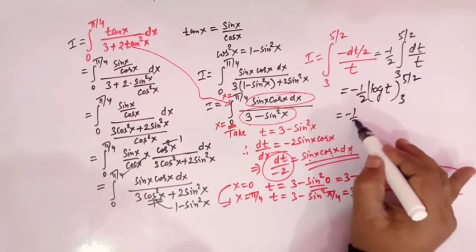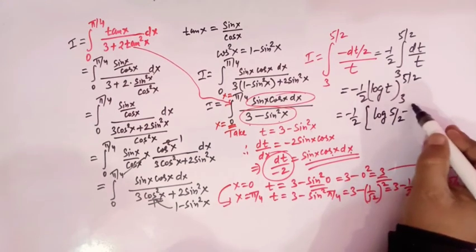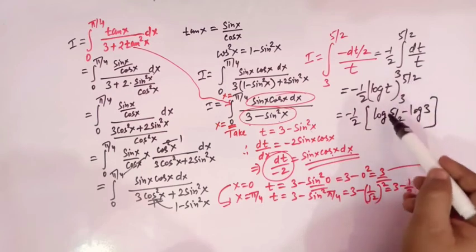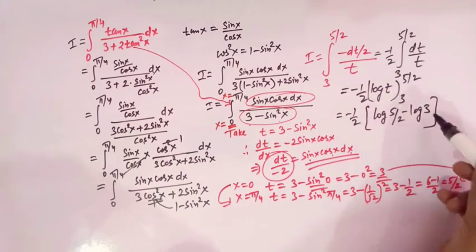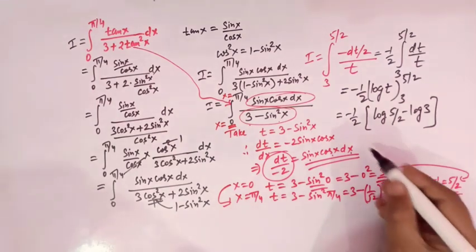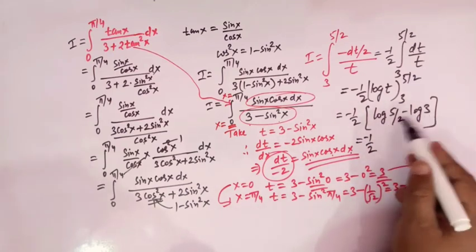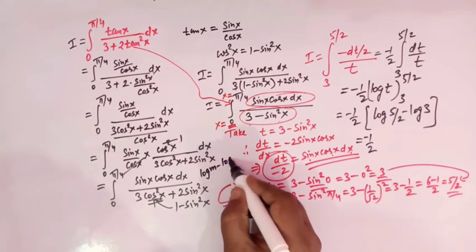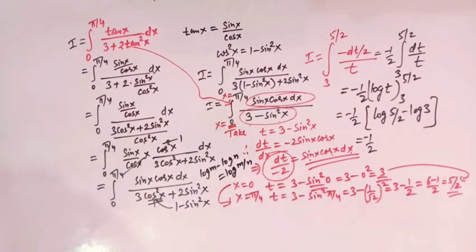Now we can substitute the limits and we will take the difference, right? So first we'll take 5 by 2, and then we'll take 3. So we have log 5 over 2 minus log 3, right? So now this is minus half, and by the property of log we know that log m minus log n is equal to log m over n, right?